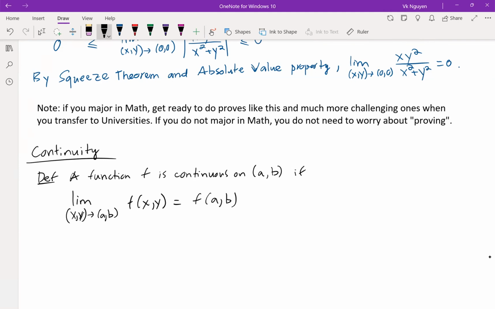Well, we have to have continuity before we can go into derivative and integration.